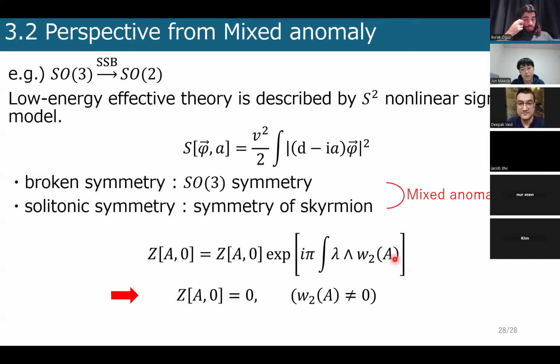But anyway, if this w_2(A) is non-zero, the anomaly appears, and this means the partition function must vanish. So it is difficult to calculate the partition function of the S^2 nonlinear sigma model explicitly, but we find this result only from the analysis of the mixed anomaly. So I think this is useful.